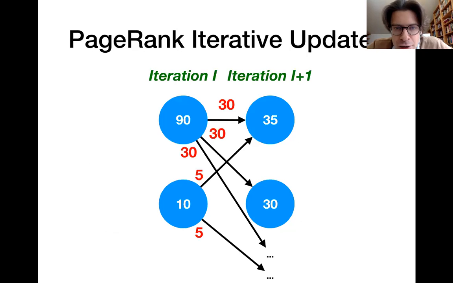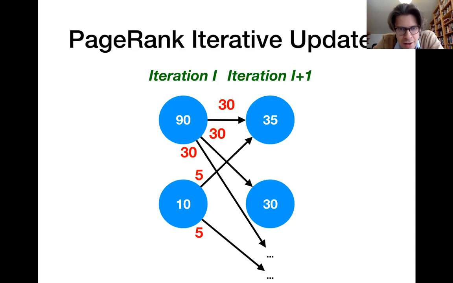Now, this is an illustration of how we update the PageRank values for each node in this iterative algorithm. Here we see PageRank values at iteration I and at iteration I+1. We have 2 nodes, one with current PageRank 90 in iteration I and one with current PageRank 10, and they distribute their PageRank equally across all of the outgoing edges.